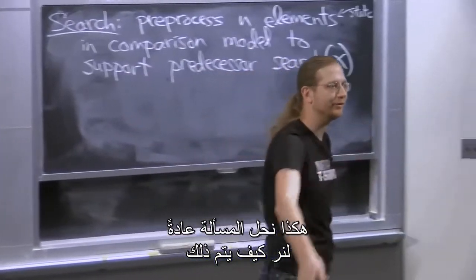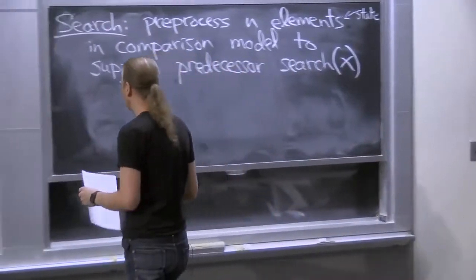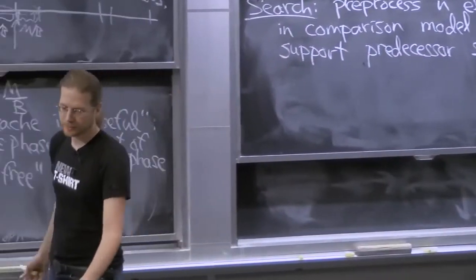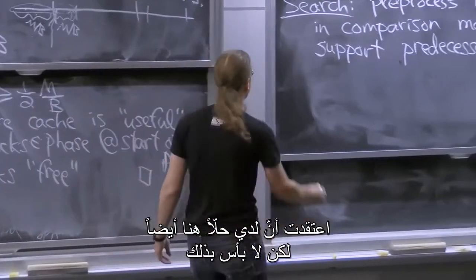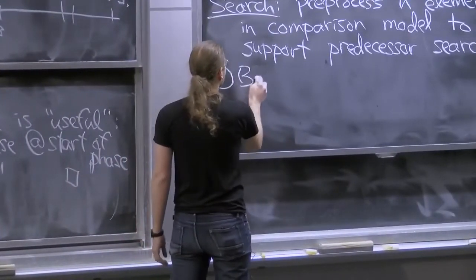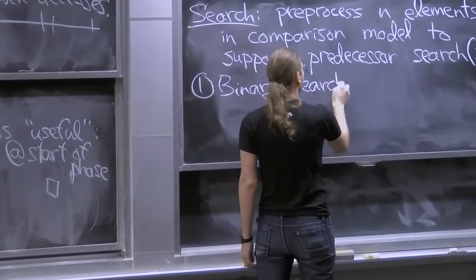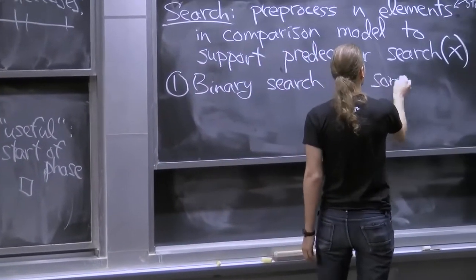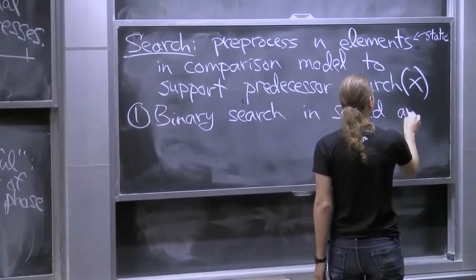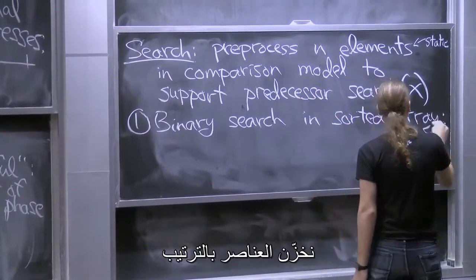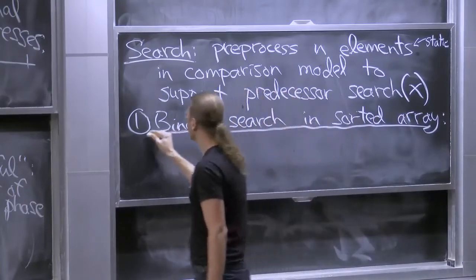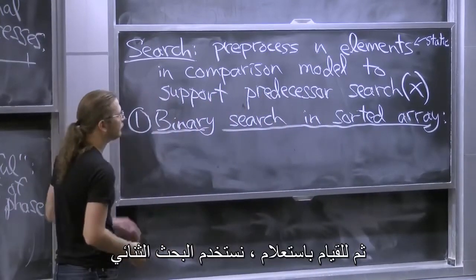So let's see how it does. Binary search in a sorted array. Store the elements in order. And then to do a query, binary search on it.